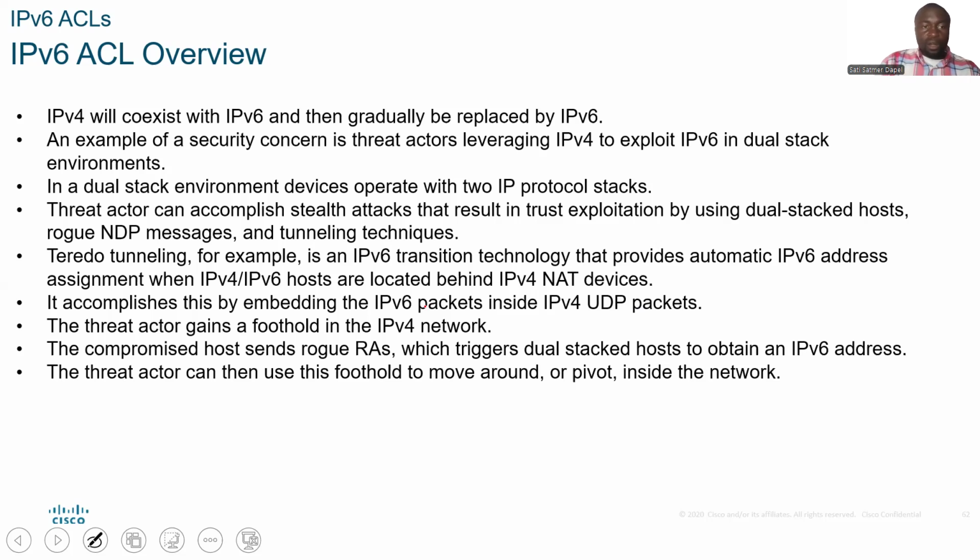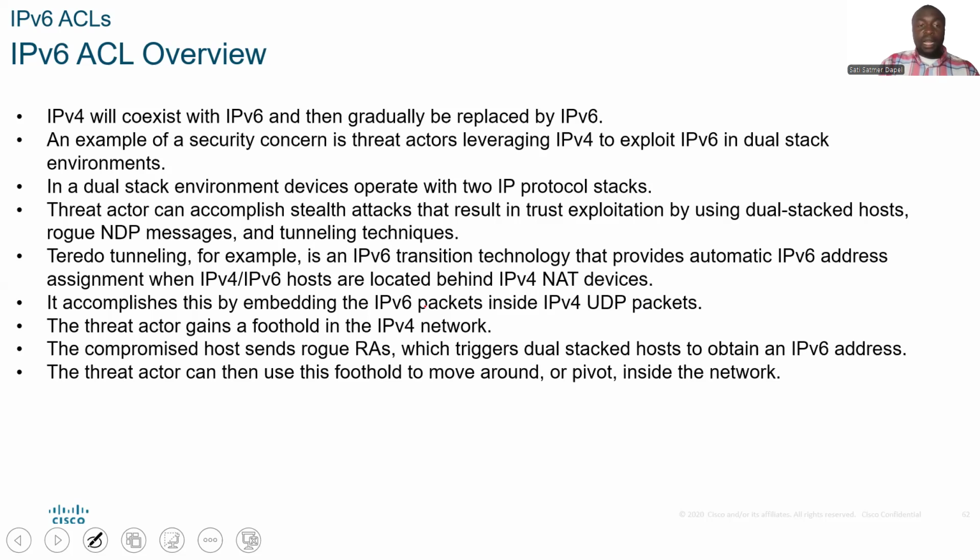All right, so we're saying IP version 4 will coexist with IP version 6 and then gradually be replaced by IP version 6. An example of a security concern is threat actors leveraging IP version 4 to exploit IP version 6 in dual stack environments. In a dual stack environment, devices operate with both IP version 4 and version 6.